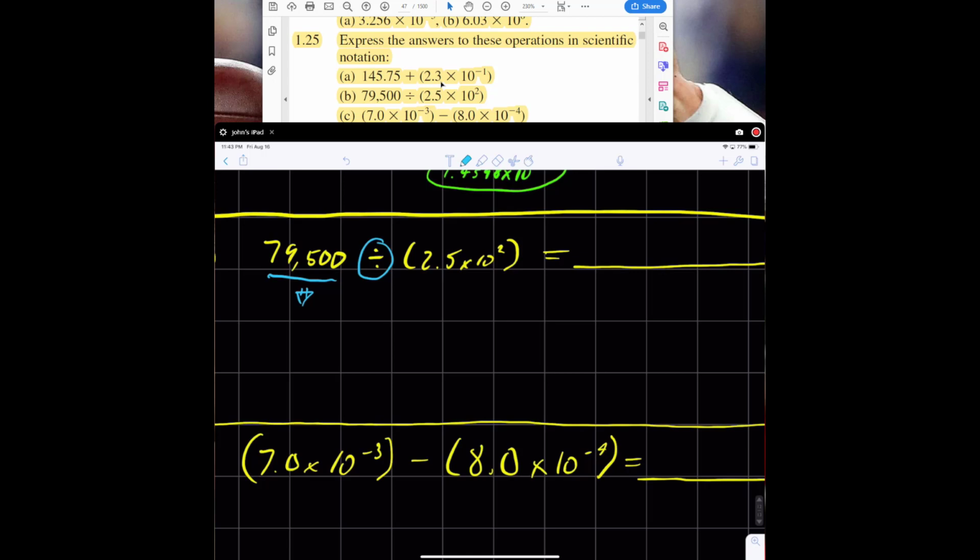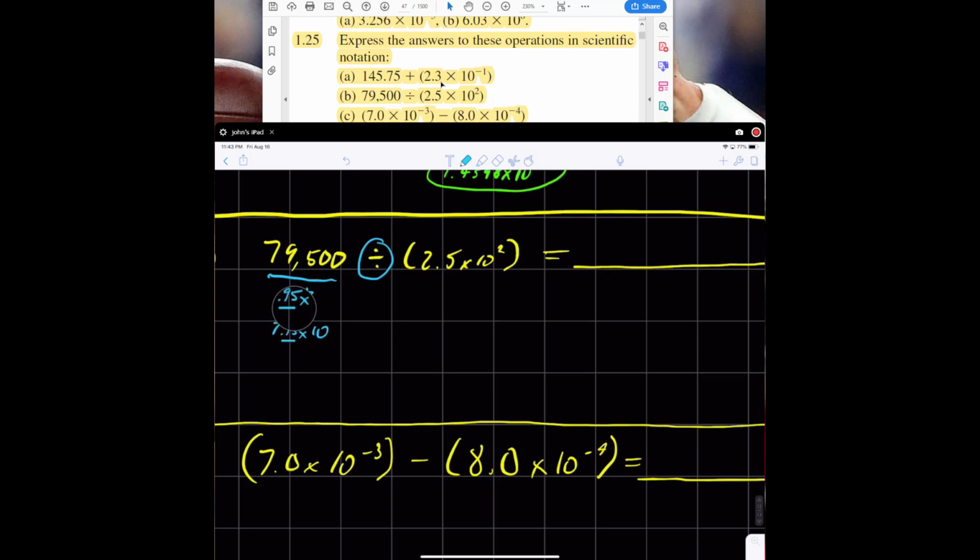79,500 converted to scientific notation would be 7.9 times 10, and what would it be? I'm sorry, not 7.9, it'd be 7.95, right? Because that 5 is significant. So in order to get this decimal 1, 2, and then give us 2 more zeros, we would need to move it 2 spots.